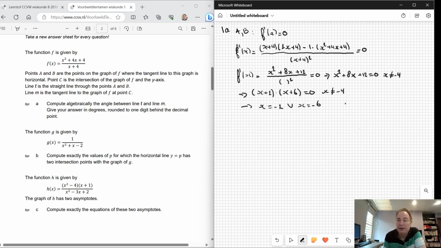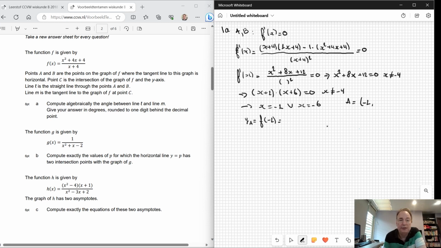So now we can just pick this one for A and this one for B. It doesn't matter if you do it otherwise. You can also pick minus 6 for A and should get the same results. So you get minus 2. And what is the y coordinate of A? y A is simply f evaluated at minus 2.